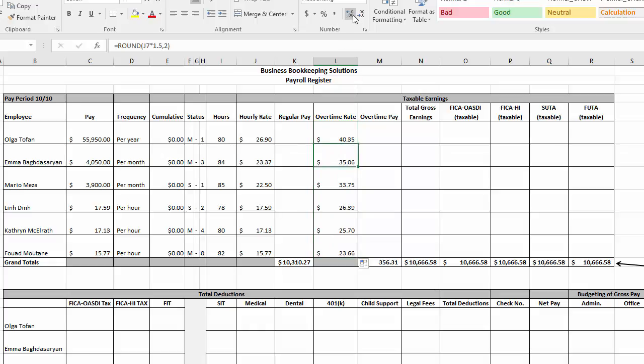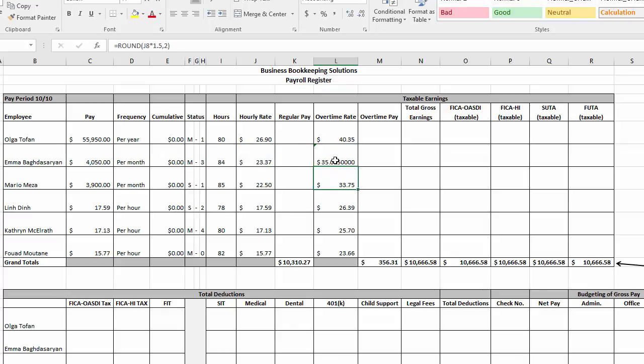So let's increase these decimals just to prove to you that my round function works. Okay, so notice there are no extra zeros in here, but let me remove the rounding from the formula to show you that the rounding did fix the problem. So the formula is just, without the rounding, this times 1.5.